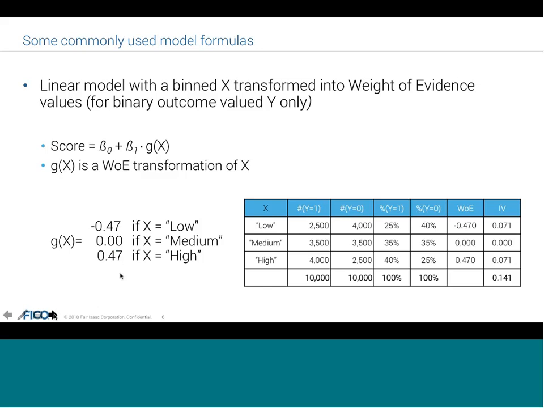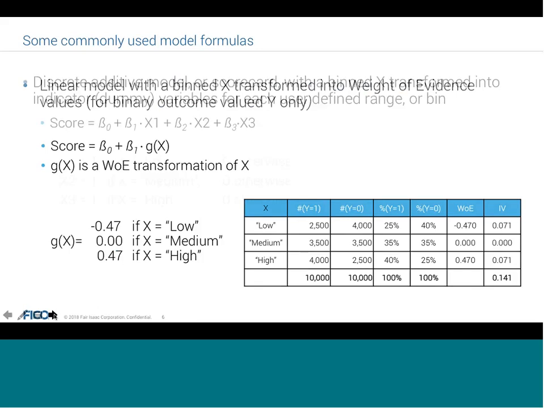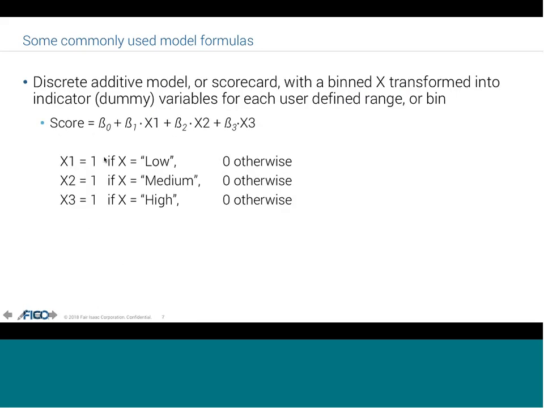Not quite what we do; where we live is in the world of discrete additive models or scorecards. We bin X, but we transform them into dummy variables. And so the score formula looks a bit different. Let's say X still takes its low, medium, and high values.